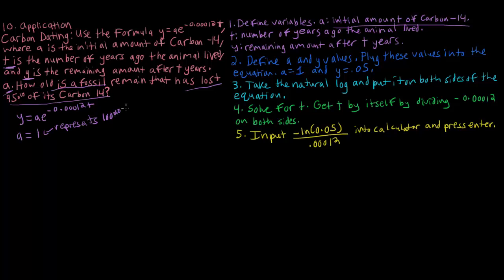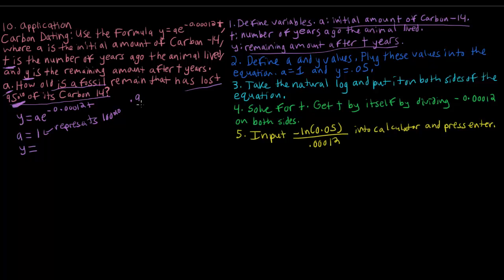And then we have y, which is the remaining amount of carbon-14 after t years. So y is the remaining amount. And right here it says the fossil lost 95% of its carbon-14. If you represent 95% as a decimal, it'd be 0.95.